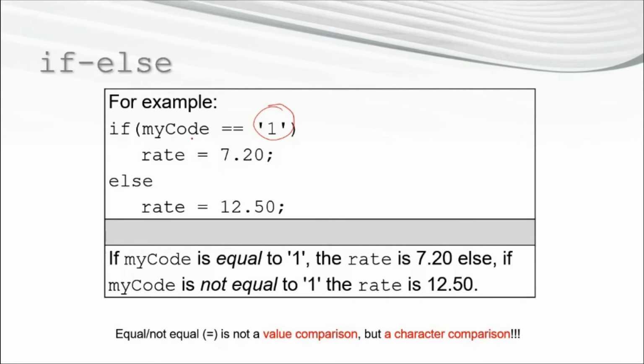If my code is not equal to character 1, the rate is taken as 12.50. In the previous case, we didn't have the else statement. So if my code was true, the rate was 7.20, otherwise we didn't know the value. But in this case, the rate is 12.50 if my code is not equal to 1.